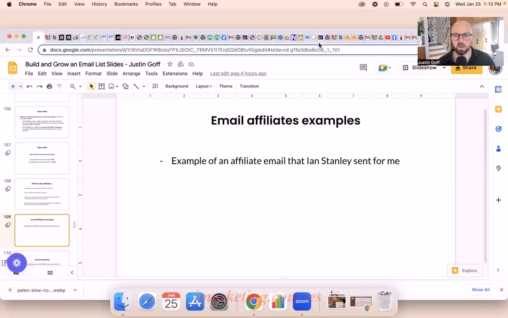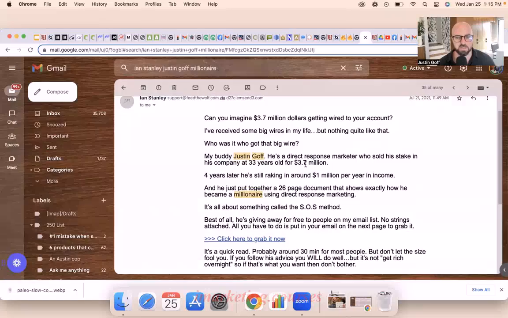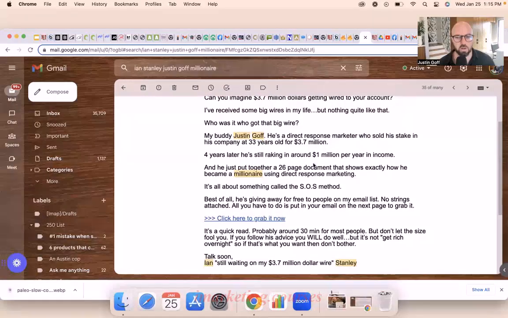So I'm going to show a couple examples. This is an example of Ian when I paid Ian to mail for me. He sent an email saying he got $3.7 million wired to his account. It's basically just telling the story of when I sold my supplement company and I got $3.7 million in the buyout.